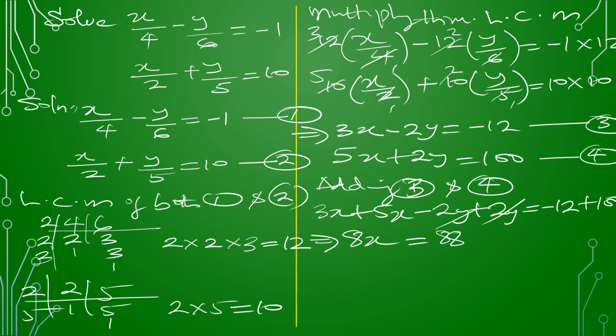Now we have, dividing both sides by 8, x as equal to 88 divided by 8. Therefore, our x is equal to 11.